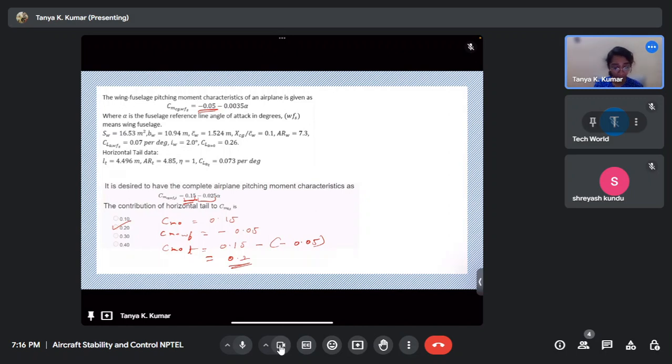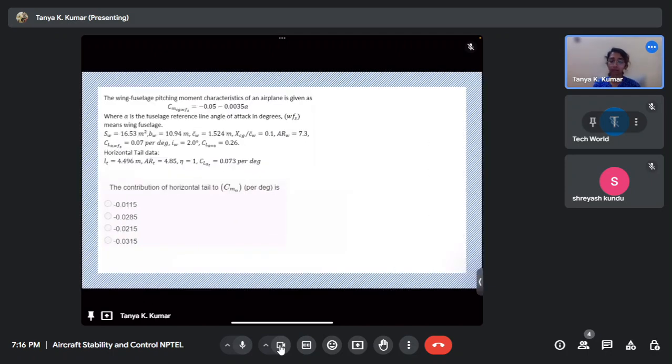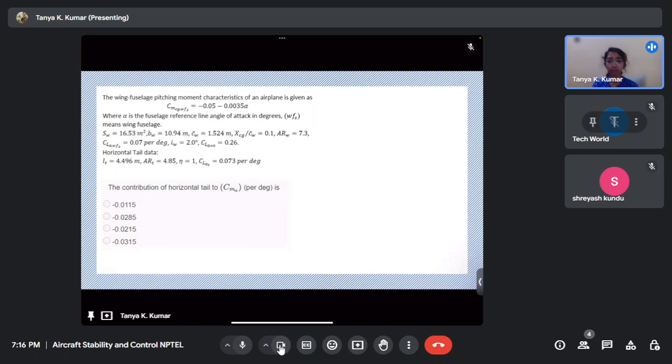Now the next question. What is the contribution of the horizontal tail towards Cm alpha? Along similar lines, what is the contribution towards Cm alpha of the tail, in per degrees?